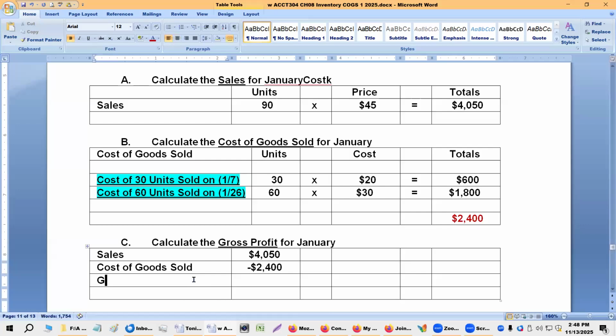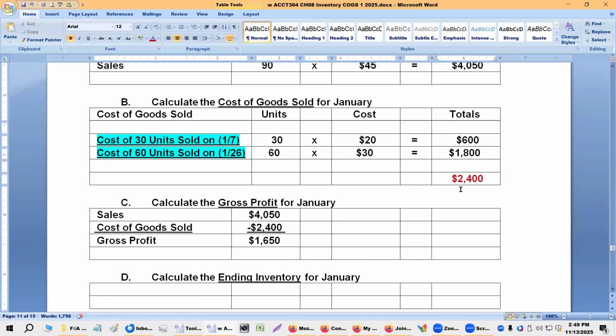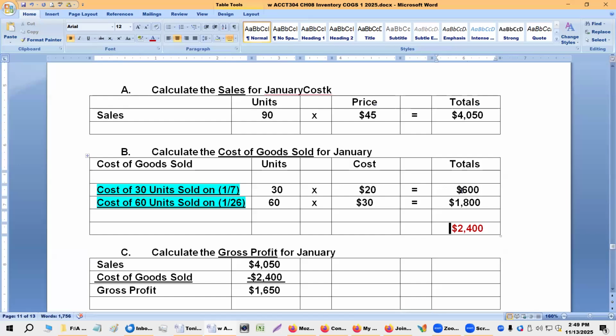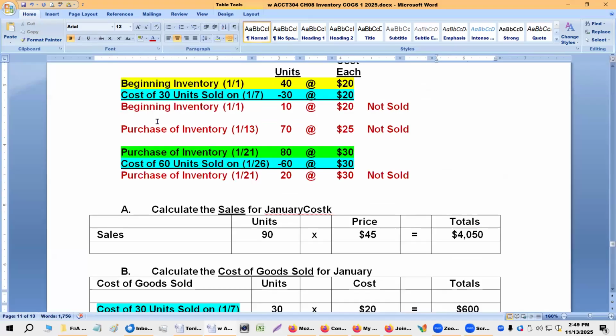And our gross profit or gross margin, 1650. I think that's right. That's what I got. Okay, so we sold the 24. So here's what's left. These are what's not sold.